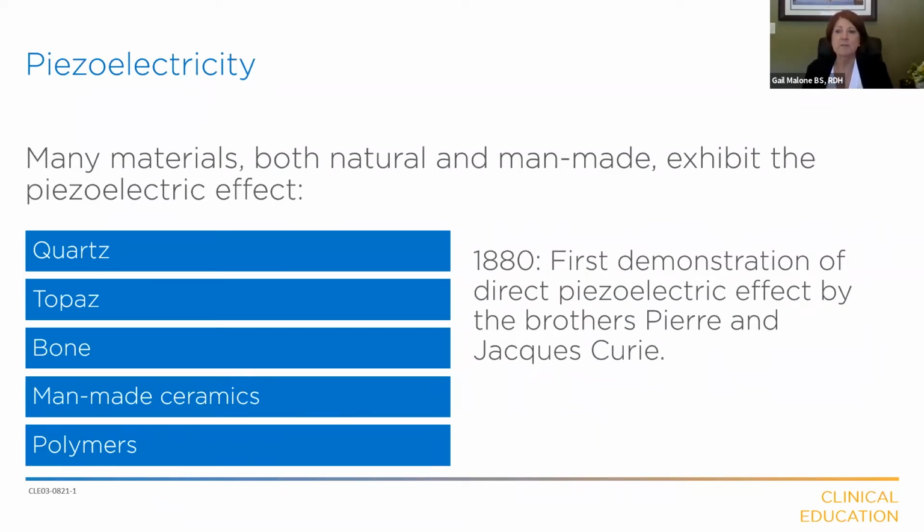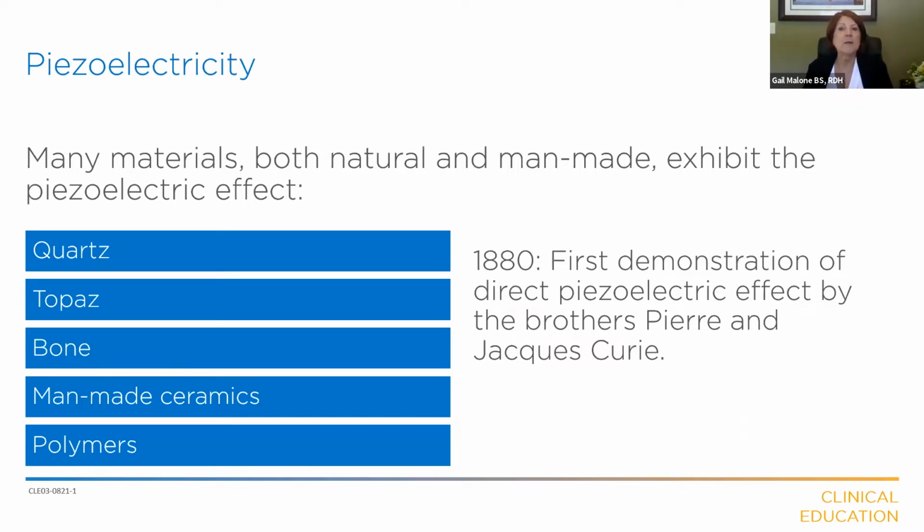Piezoelectric materials have a crystalline structure compared to the lattice structure of magnetostrictive materials. The crystalline structures are held in place by atomic forces. In 1880 was the first demonstration of direct piezoelectric effect by the brothers Curie. The brothers Curie were actually Pierre and Jacques, brothers to Madame Curie, who observed this.